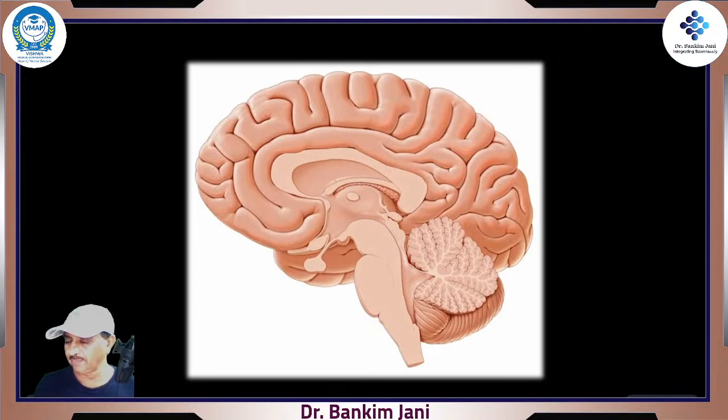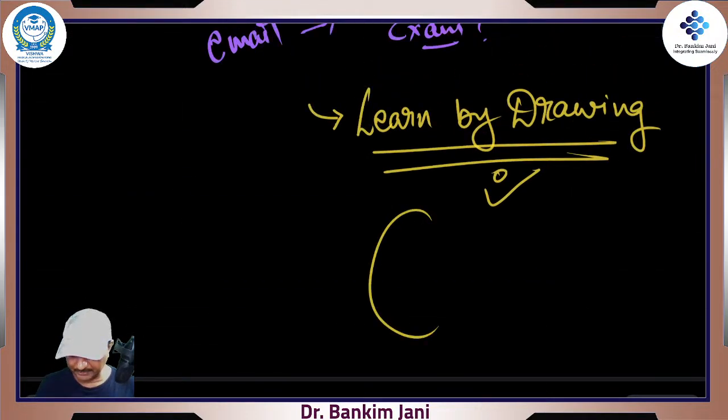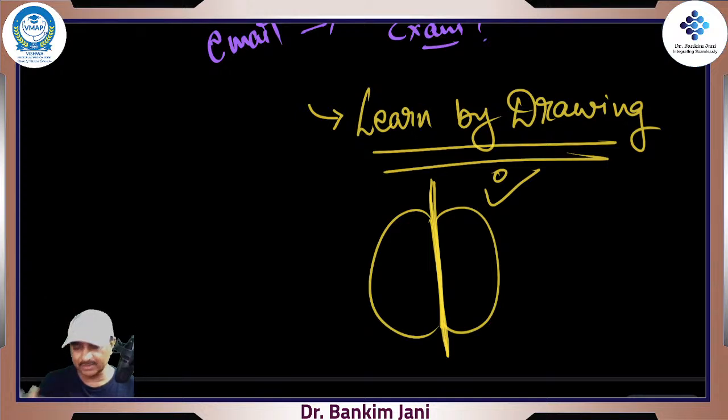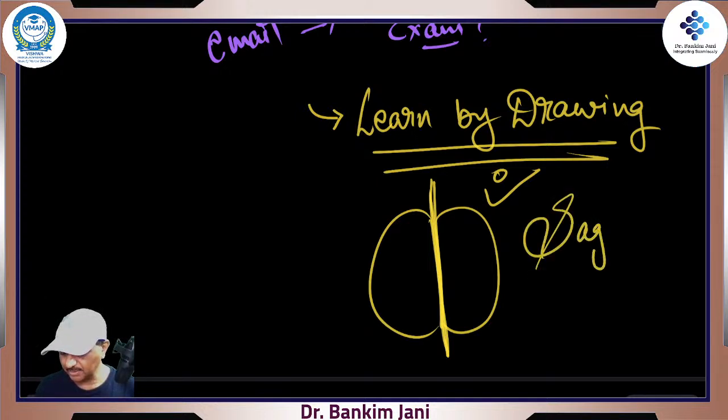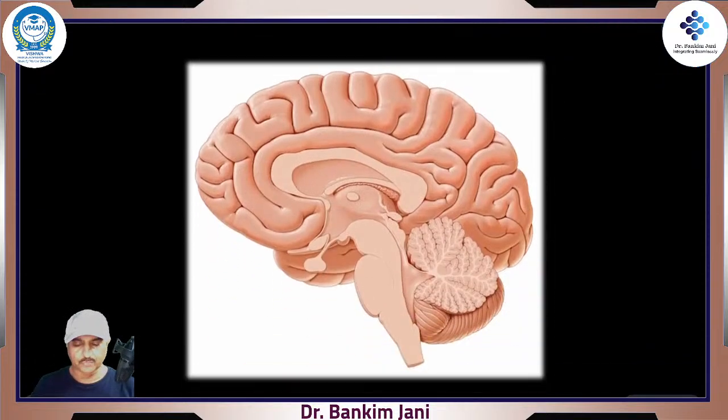So here is the medial surface of the brain. The reference is that if this is one cerebral hemisphere, this is the second cerebral hemisphere, and when we cut, this would be a sagittal cut. This is a sagittal section, and in the sagittal section we cut and then we see. So this is what we see.